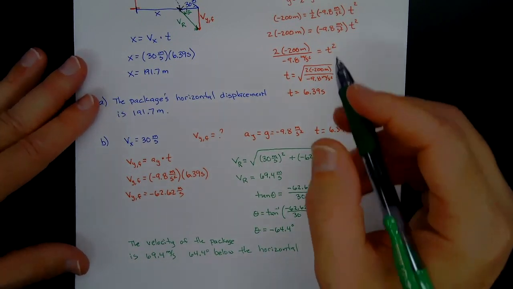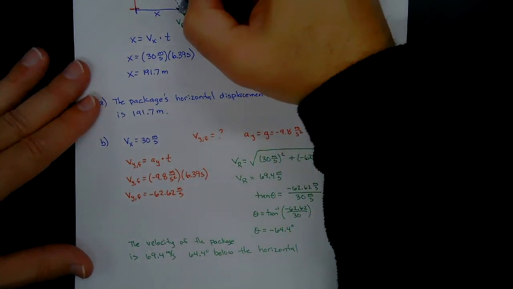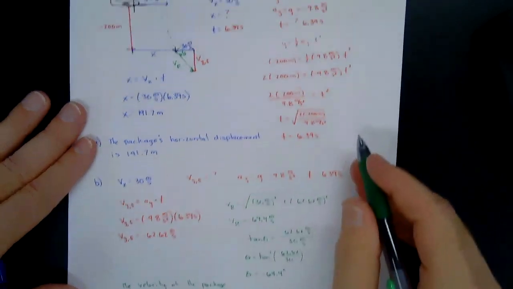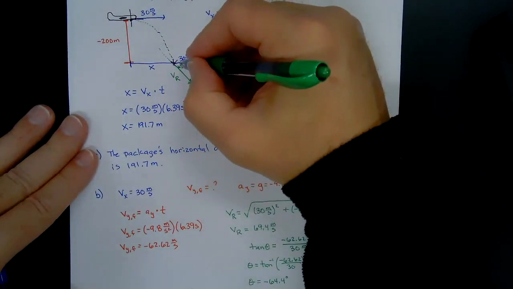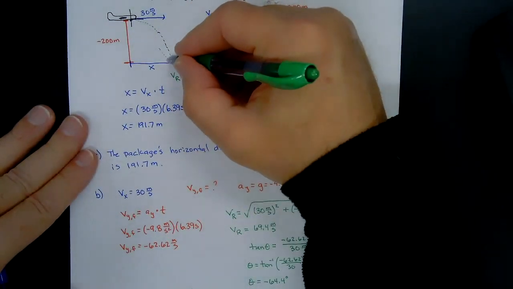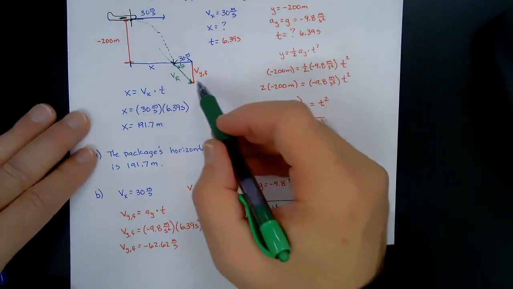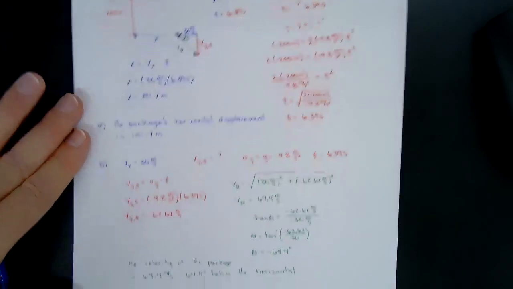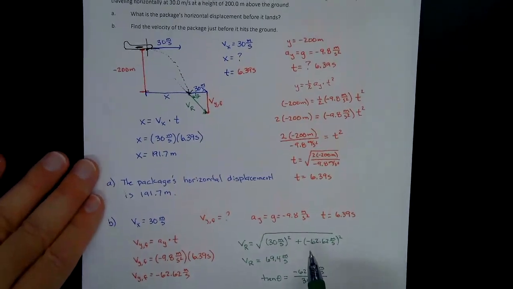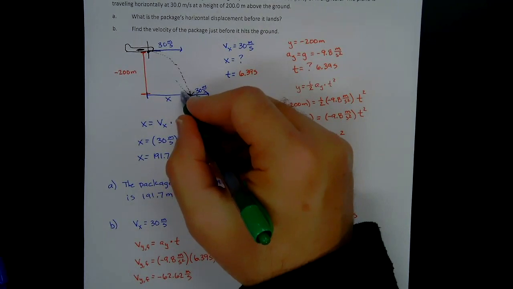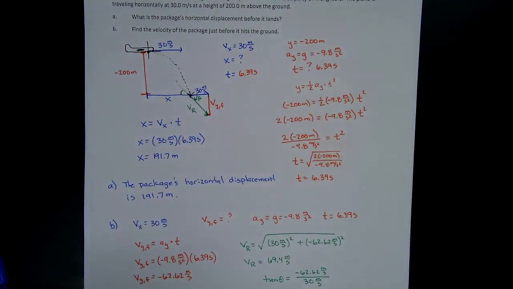Now, something else: if you extend this velocity vector out along with the horizontal, if you remember from math 2, in geometry, this angle right here and this angle are vertical angles. So this angle is 64.4. This makes more sense to me. We can say it where it's below the horizontal, but I want to know what angle it's making with the ground when it's going into the ground.